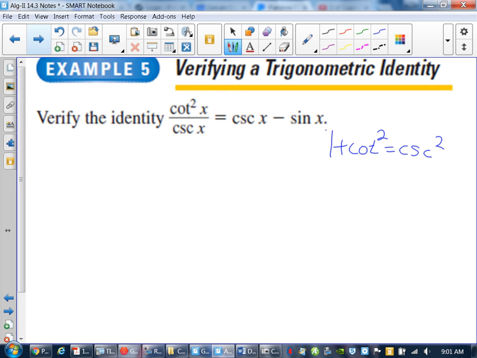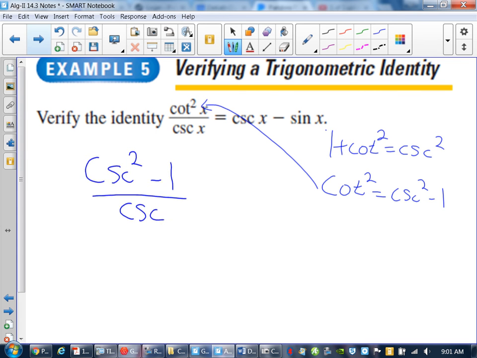If I want to isolate cotangent squared, what do I have to do to the 1? Subtract it. Hey, look where my subtraction comes from. So cotangent squared can be written as cosecant squared minus 1, which means via substitution, I can rewrite this as cosecant squared minus 1 all over cosecant.